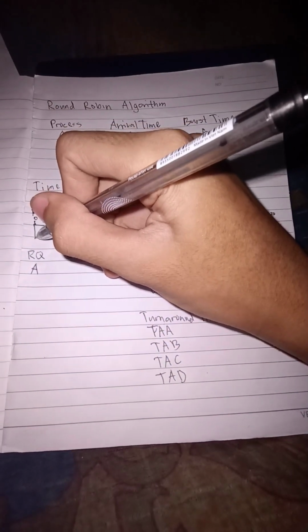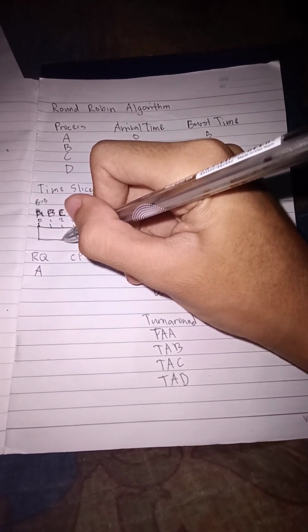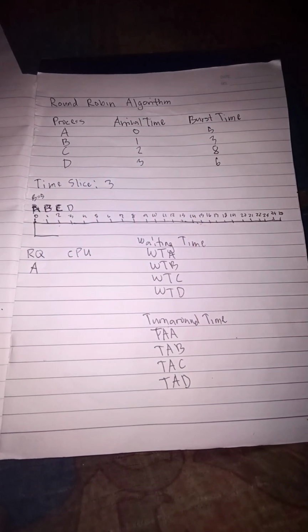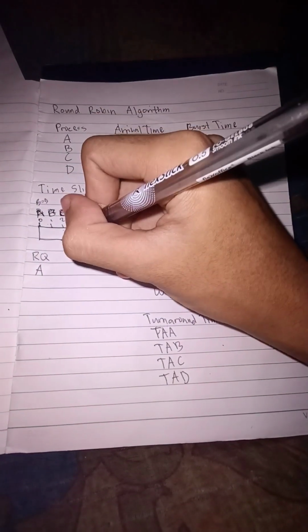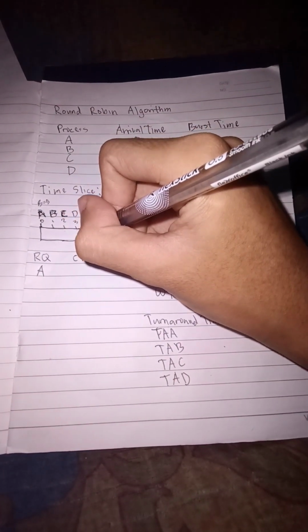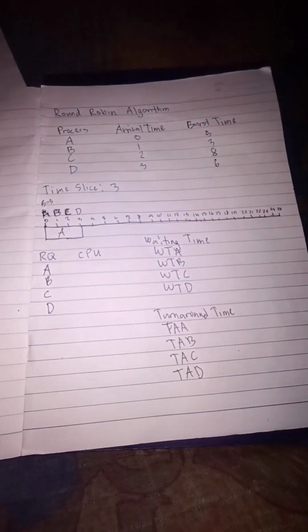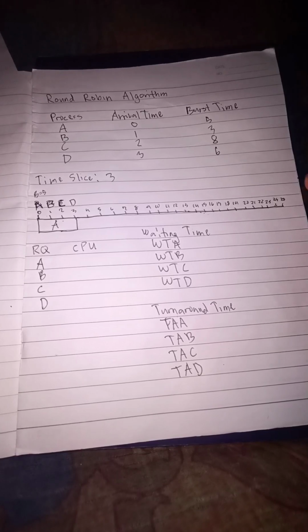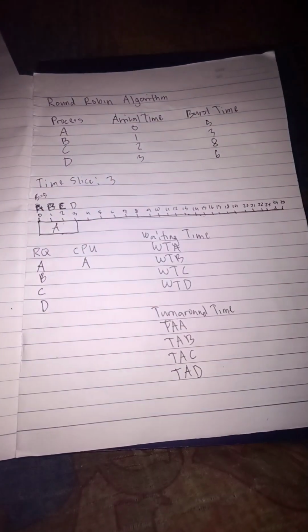So during the process of A, we've encountered B, C, and D. So B, C, and D will be put in the ready queue, and A will be put in the CPU.